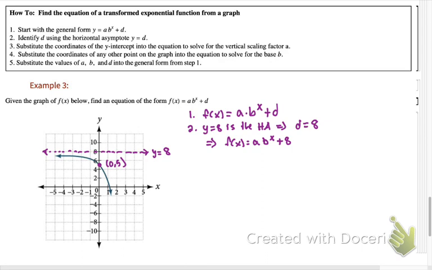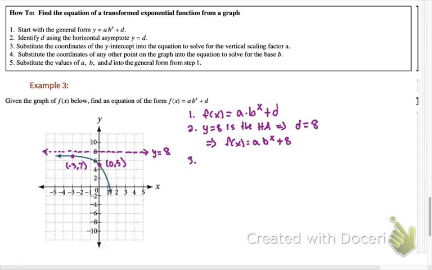No other points go through where grid lines meet, but I'm just going to estimate another point to the left. It seems like when x is negative 3, the y coordinate is 7. So I'm going to go with that.